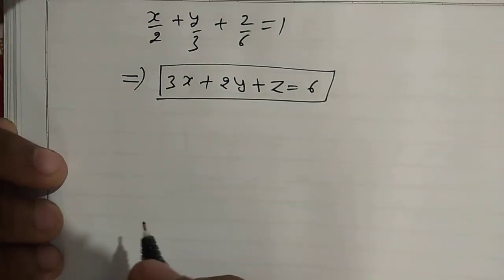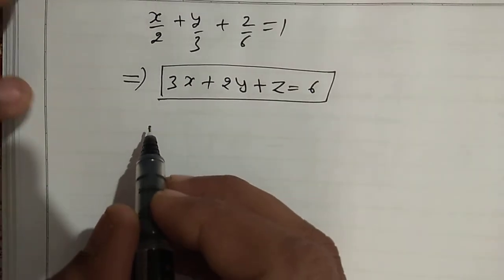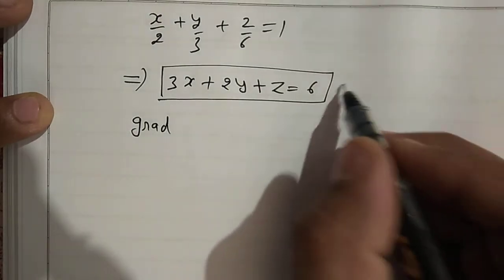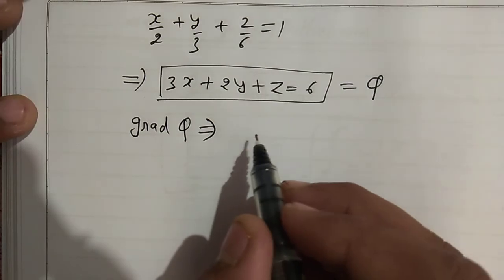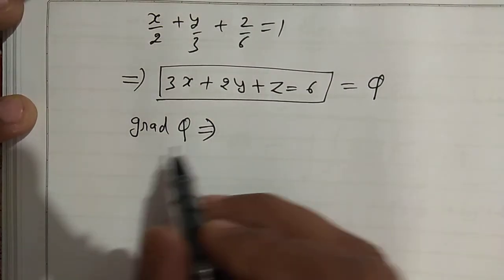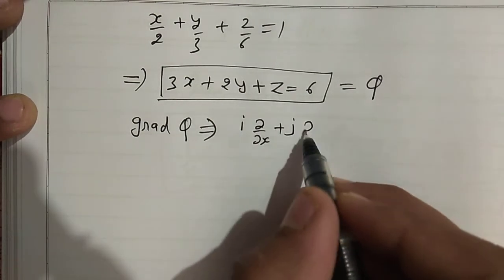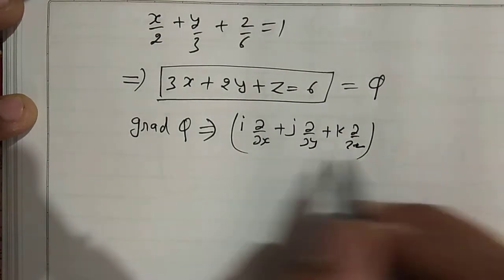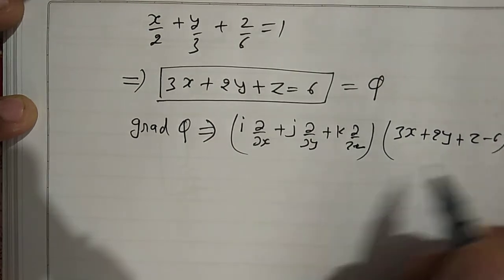So now we find the capital N, the normal vector. For the normal vector, we go for the grad of phi. Let us say this is the phi surface. So grad of phi is i del by del x plus j del by del y plus k del by del z of (3x plus 2y plus z minus 6).